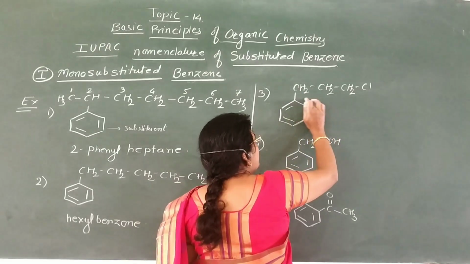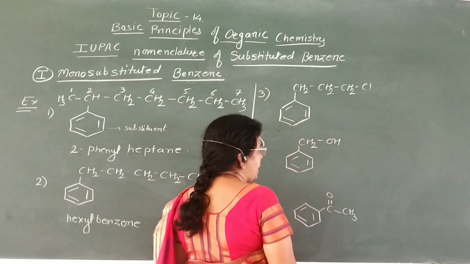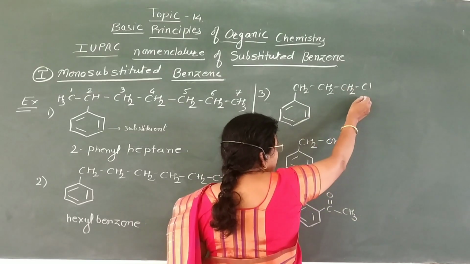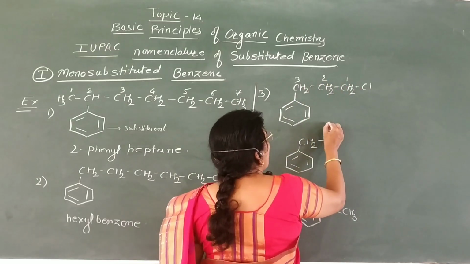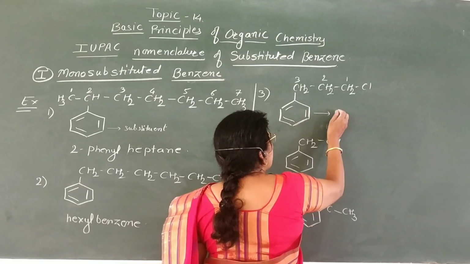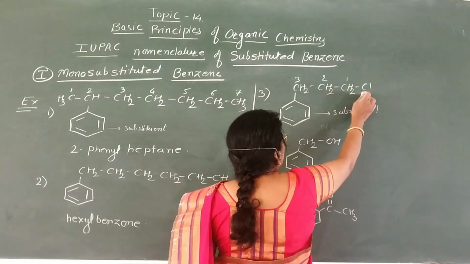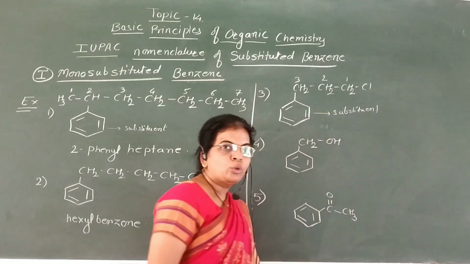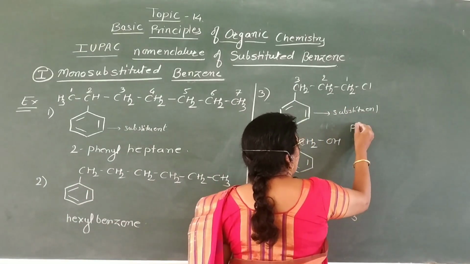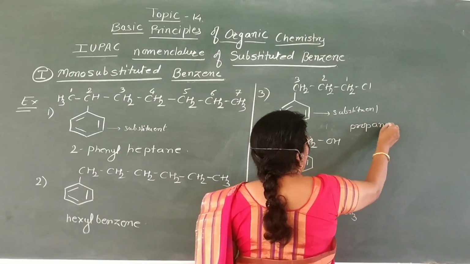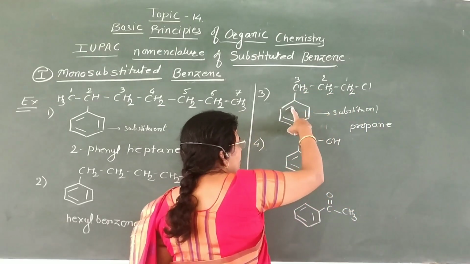Then this side chain or alkane is taken as the parent alkane by giving the numbering from the end which is nearer to the functional group: 1, 2, 3. This benzene is the substituent, and for this propyl group attached to chlorine, the parent alkane is propane, but at position 1 there is chlorine and at position 3 there is a phenyl group.